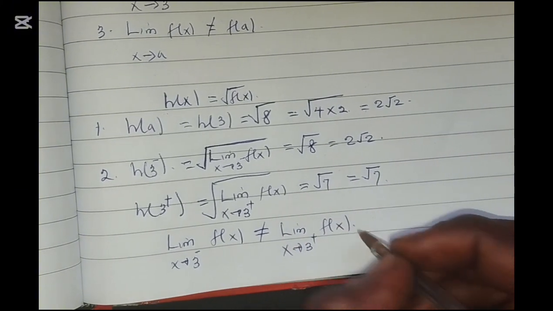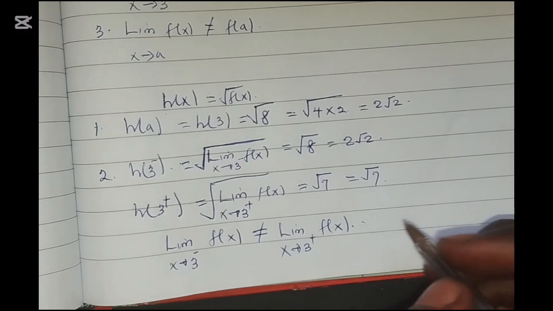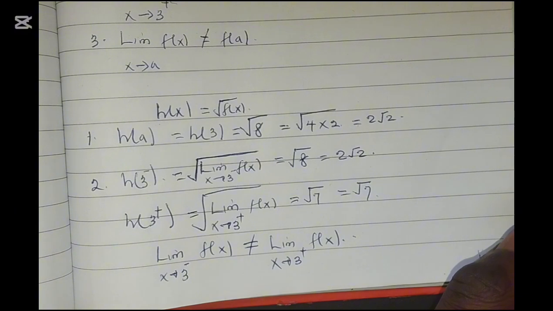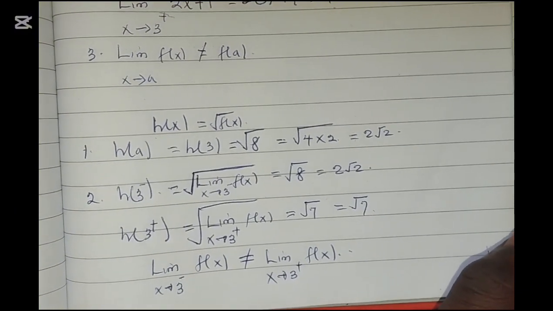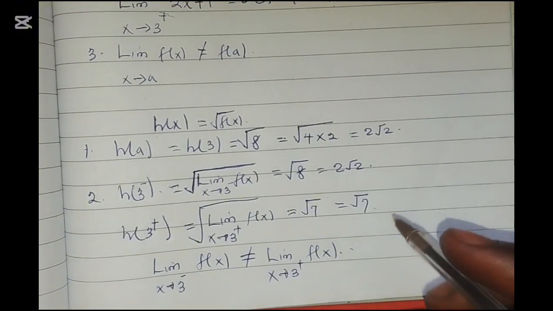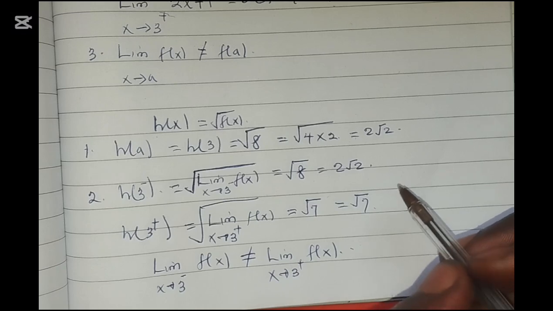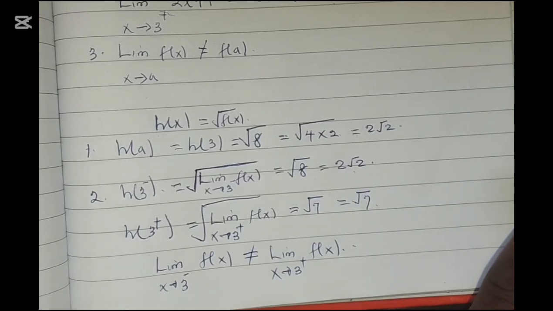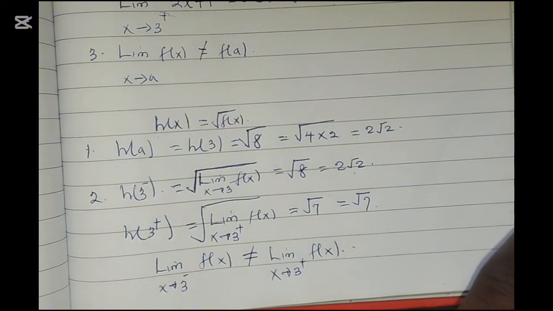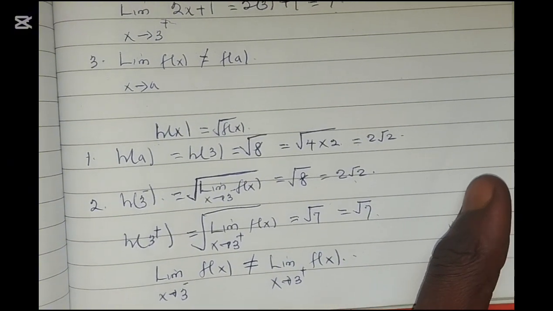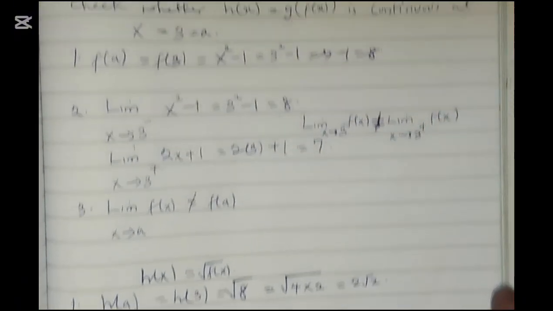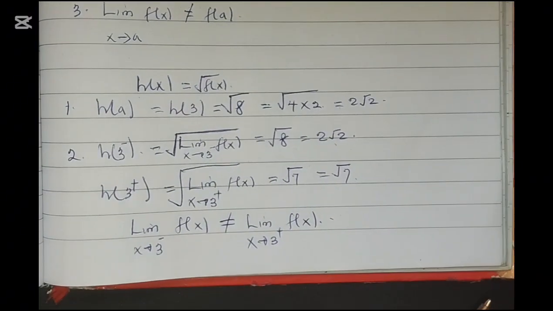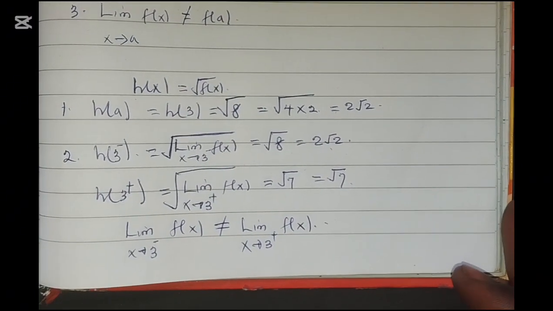Because of this, we can say that the function is discontinuous. So h of x is discontinuous, and this kind is called a jump discontinuity, because there is a difference between the limits, and the difference is not 0. So there is a jump. So f of x here is discontinuous, and h of x here is also discontinuous. So thank you, and see you in the next lesson.